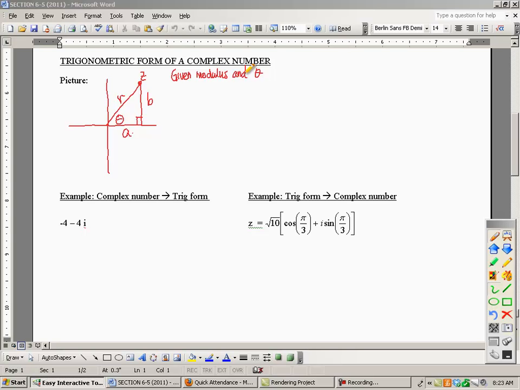So let's talk about a first. Well, if I need to find a, but I know my angle and my r, a is the adjacent side, r is the hypotenuse. And so I'm going to start by saying the cosine of my angle is a over r. If I rewrite this, then a is the same thing as r times the cosine of my angle.